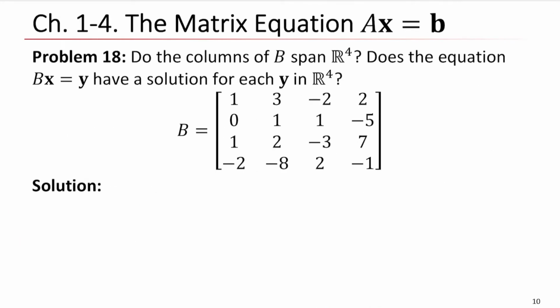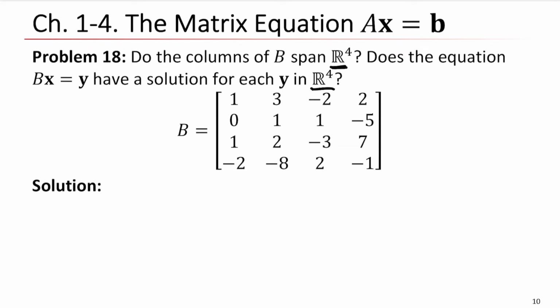Okay, so let's move on. This is problem 18. Do the columns of the matrix B span the R4 space, and does the equation B times x equals y have a solution for the vector y in R4 space?